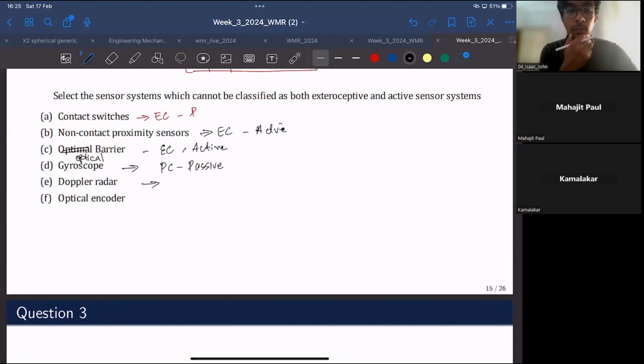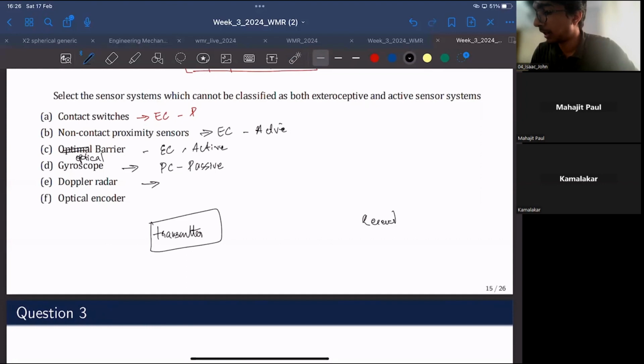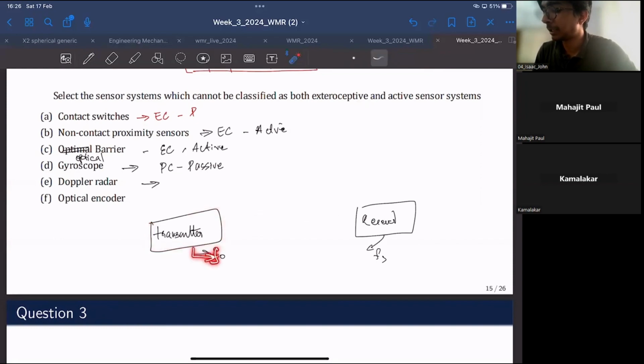And what about this one? Doppler radar. Like we established earlier, Doppler radar works on the principle of the Doppler effect. If you have a transmitter over here and a receiver over here, and the transmitter emits a frequency f0, then due to the relative velocity between the transmitter and receiver, the frequency of the energy that is emitted by the transmitter will be different from what is received.